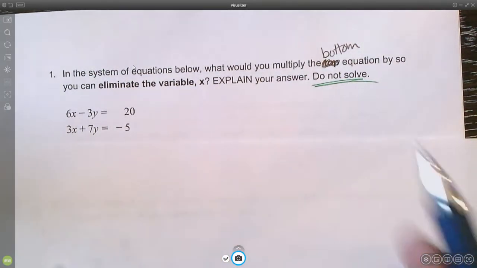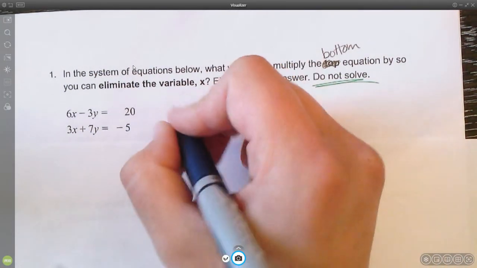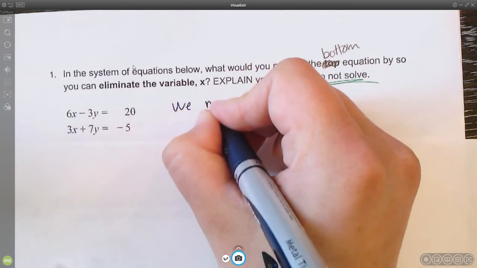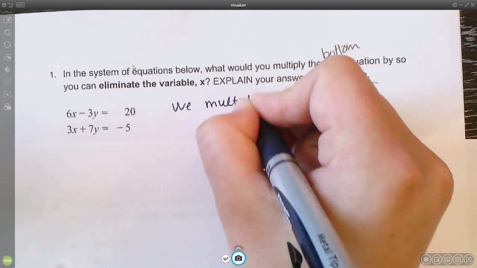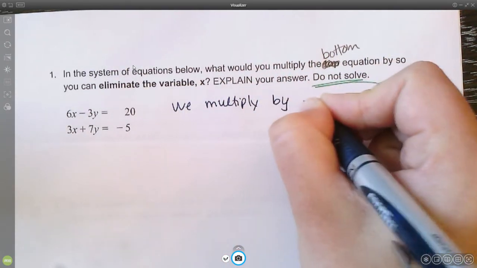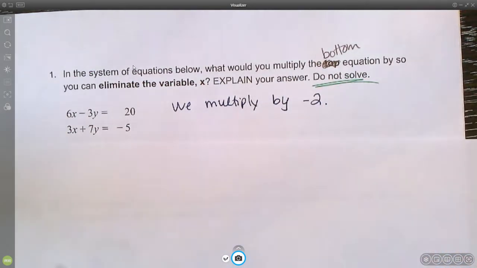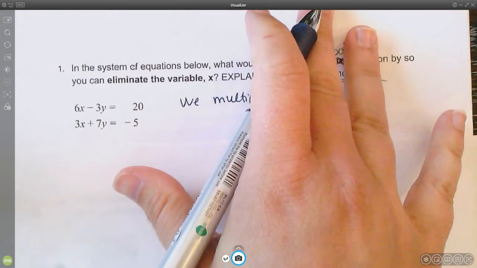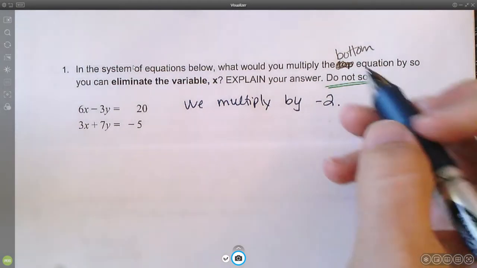So it says, what do you multiply it by? So our answer is going to be we multiply by -2. Then it says, explain your answer. So if you only put -2, I'm not going to give you full points.